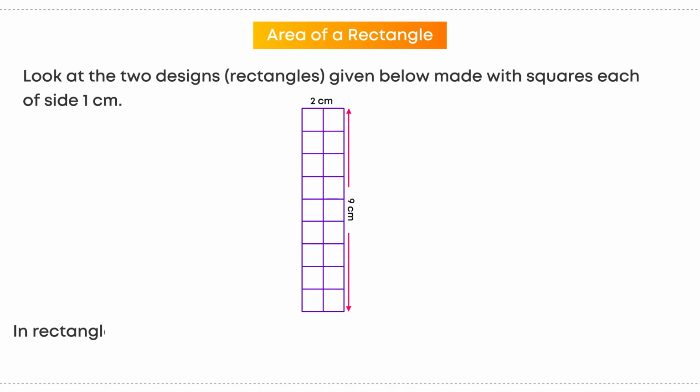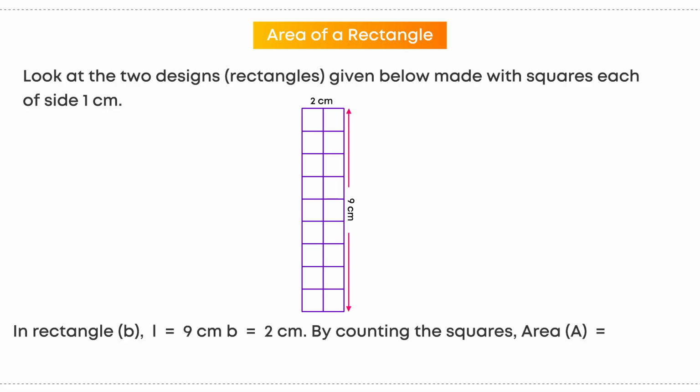In rectangle B, length is equal to 9 centimeters. Breadth is equal to 2 centimeters. By counting the squares, area is equal to 18 sq cm.